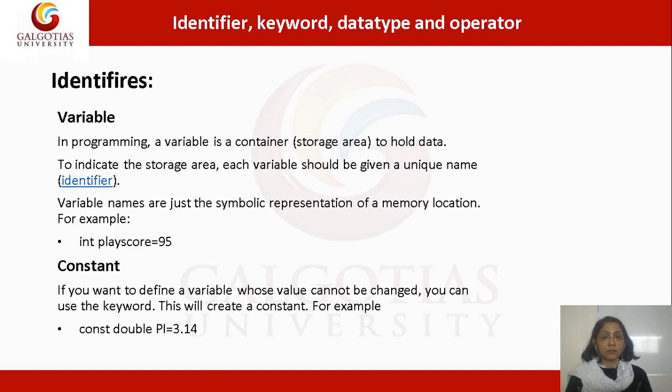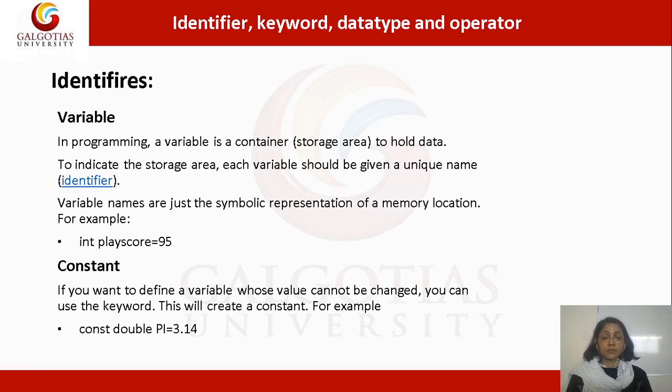And this storage area also has a unique location. The variable names are just the symbolic representation of a memory location. For example, if your identifier is Play Store, that Play Store will be the name of that location. That's why it is called an identifier.